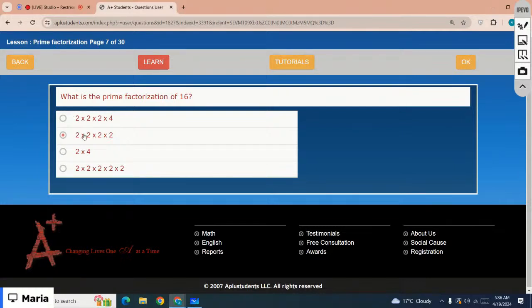When you multiply them, they must make 16. 4 times 2 is 8, 8 times 2 is 16, and 16 times 2 is 32. Also, 4 is not a prime number. 4 is not a prime number. All the factors must be prime. Think and then answer.